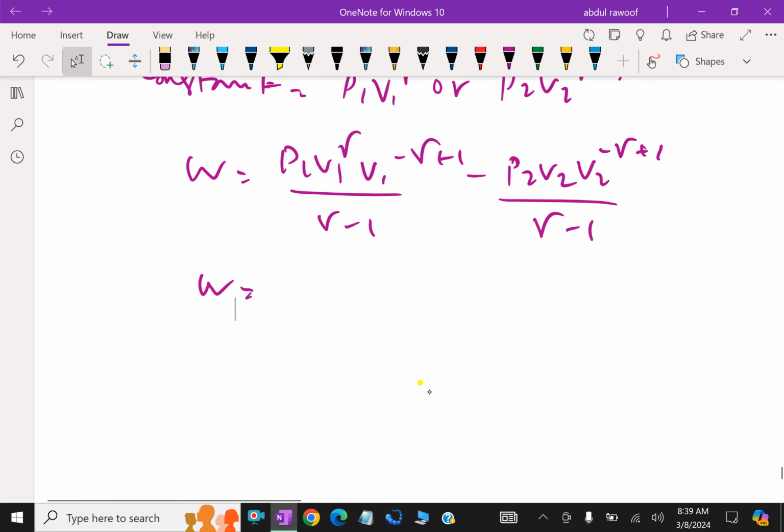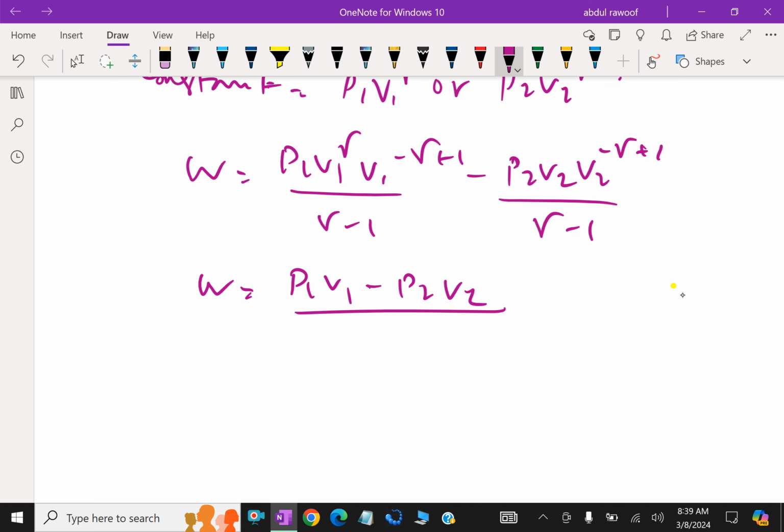Therefore, by simplifying, V1 power gamma into V1 power minus gamma will cut, so we have V1. Here V2 power gamma into V2 power minus gamma plus 1 becomes V2. That is P1 V1 minus P2 V2 over gamma minus 1.